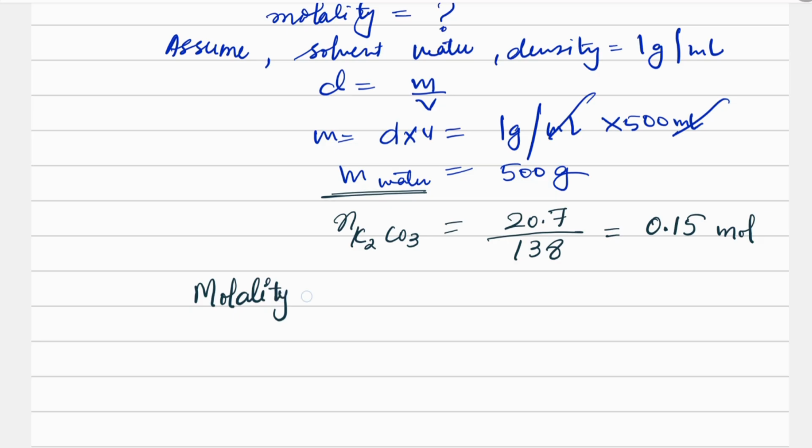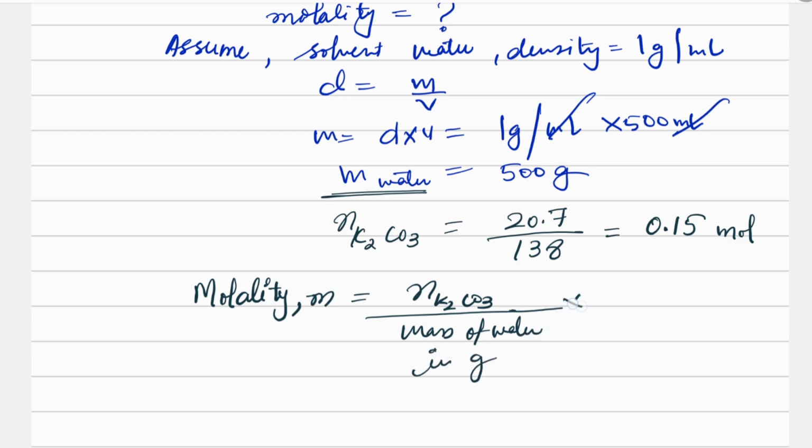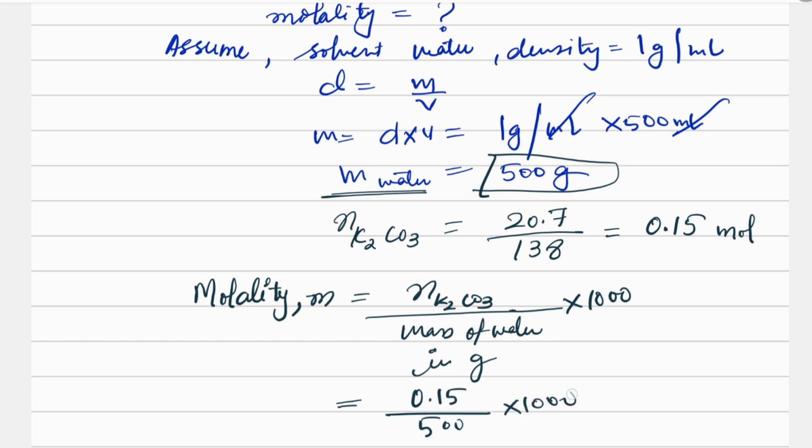Then the molality, small m, becomes number of moles of potassium carbonate divided by mass of water in grams multiplied by 1000, because what we have got is the mass in grams. Okay. So number of moles is 0.15 divided by 500 multiplied by 1000.